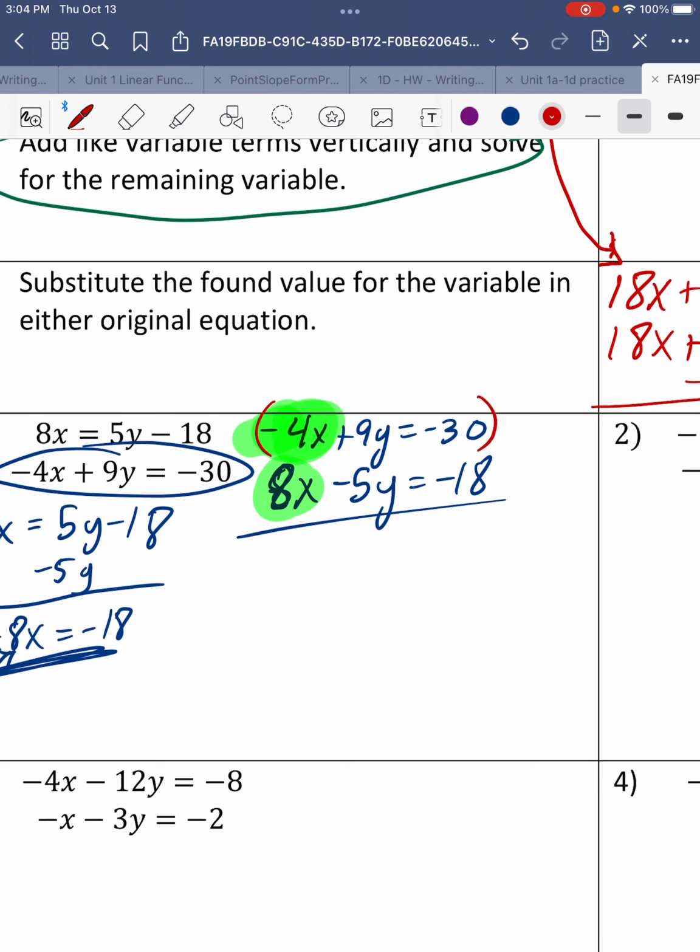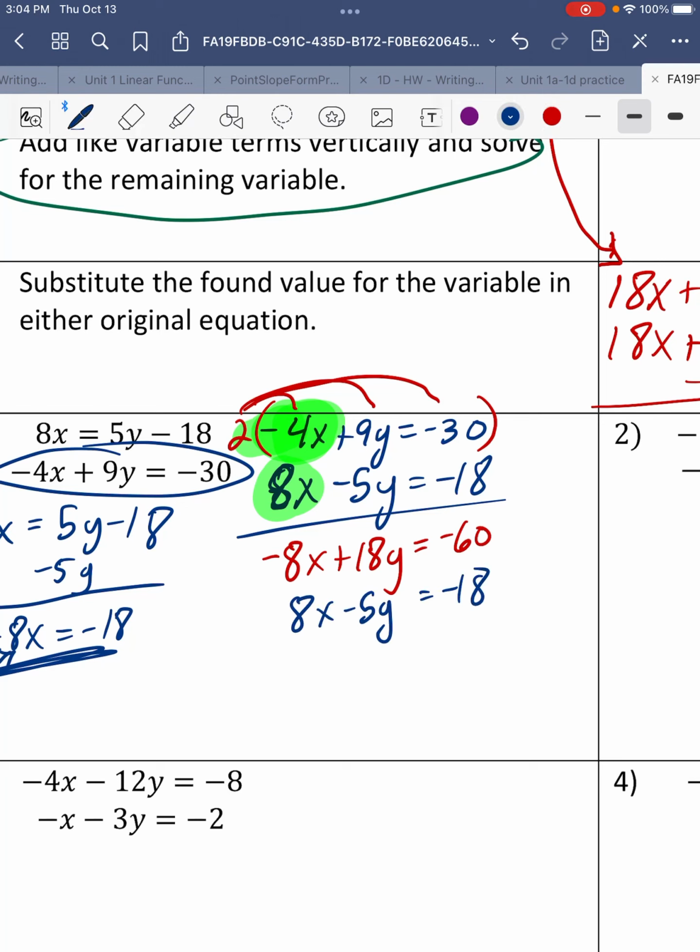I'm going to multiply the top equation by 2. Multiplying that in, I'm going to get negative 8x and 18y equals negative 60. Take the other equation, 8x minus 5y, write it down.